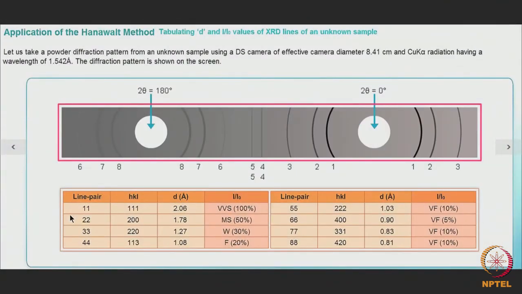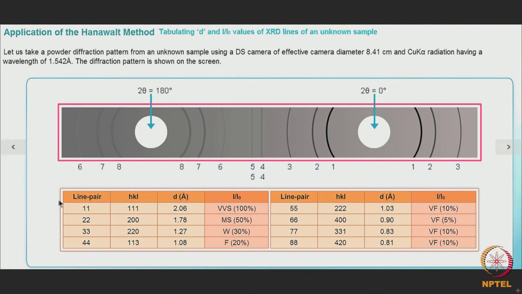Now, say for example, we have taken the Debye diffraction pattern from an unknown sample having an effective camera radius or camera diameter of say 8.41 centimeter and copper K alpha radiation having a wavelength of 1.542 angstrom.